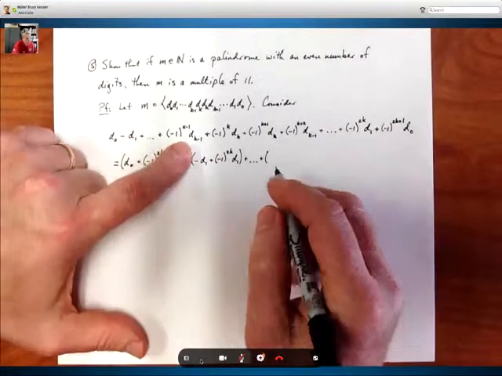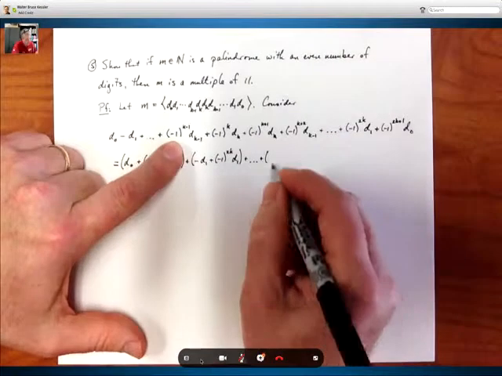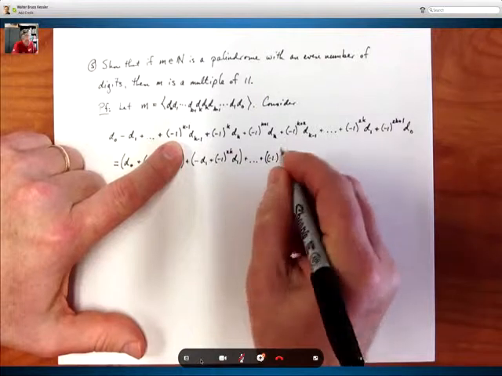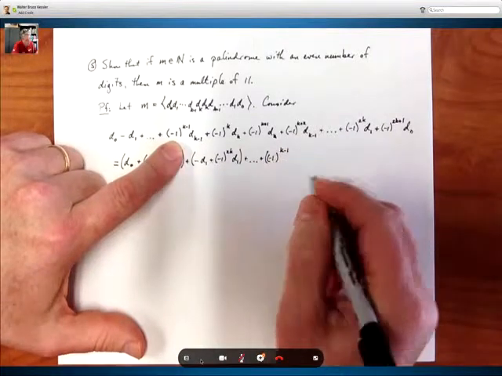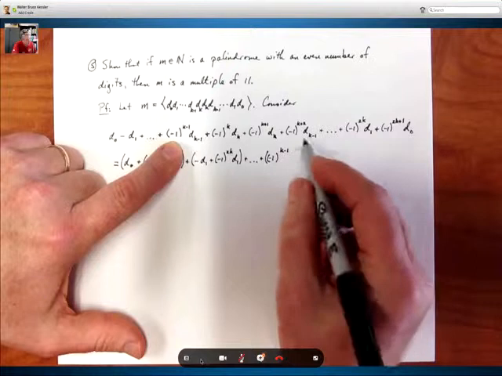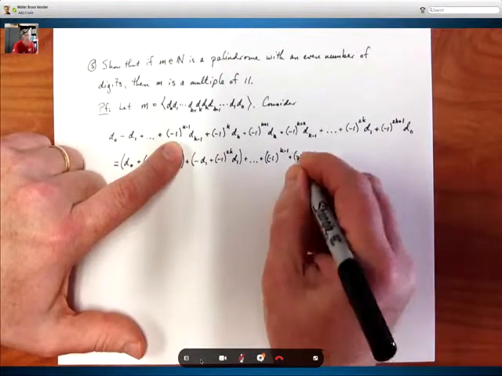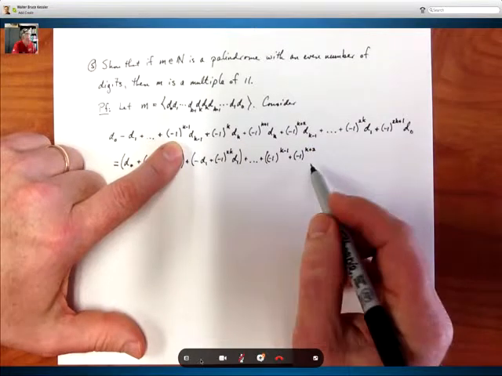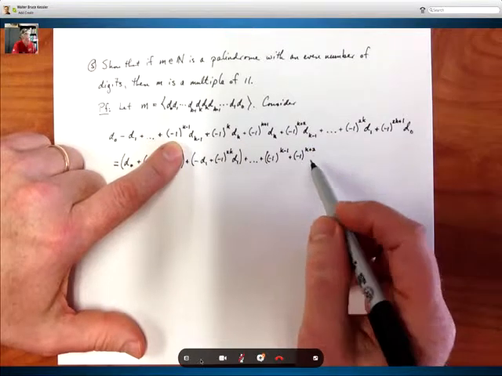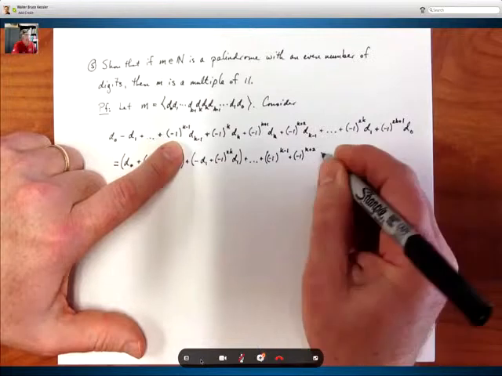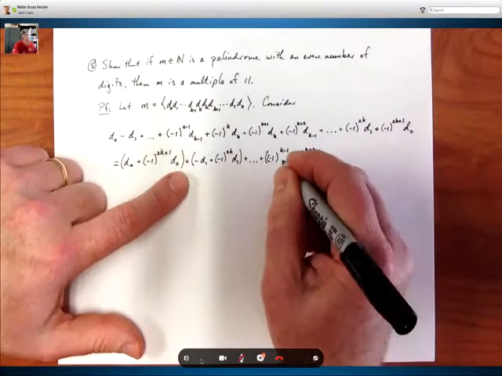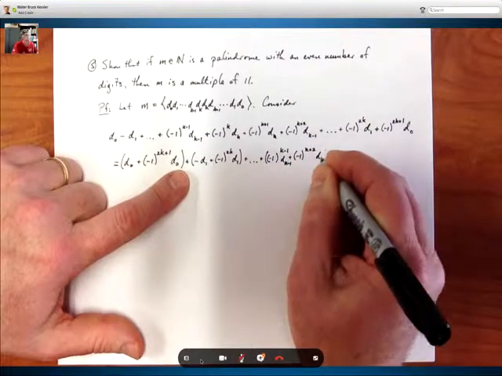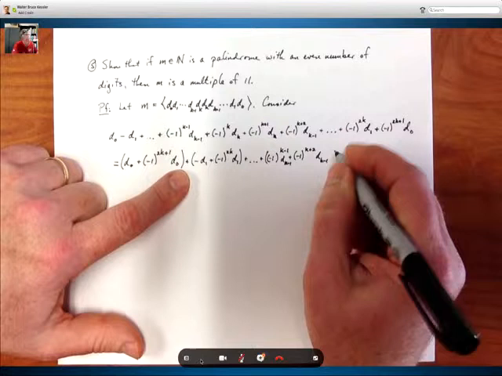Now let's do the D sub k minus 1s. I've got negative 1 to the k minus 1, and then I've got plus negative 1 to the k plus 2. Okay. I left out my D sub k minus 1 and my D sub k minus 1.